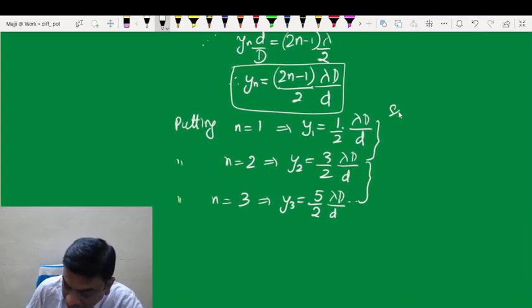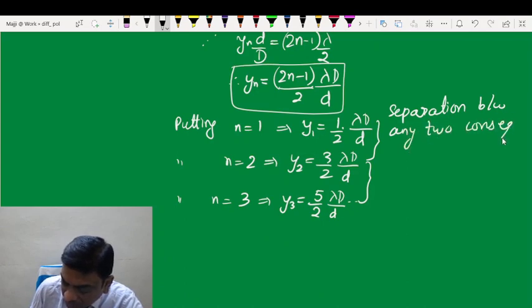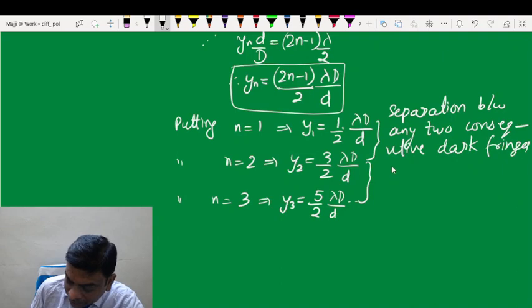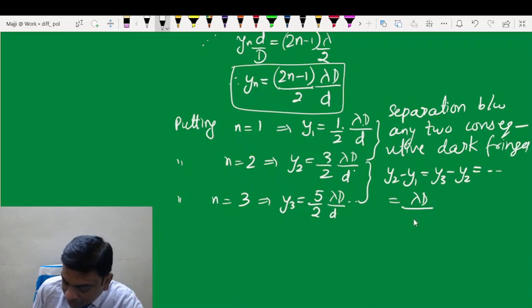Now the separation between any two consecutive dark fringes. Consecutive means adjacent, neighboring, that is next to each other. Consecutive dark fringes will be how much? This minus this, that is y2 minus y1 or y3 minus y2, whatever it is. Again you will get lambda capital D by small d.